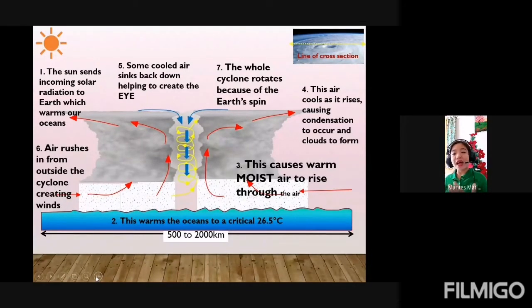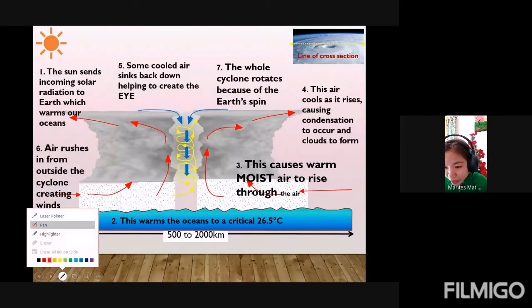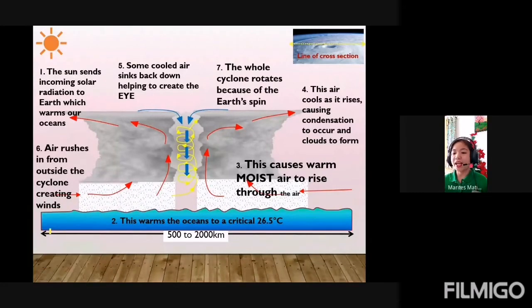Okay, so that's how typhoons form and develop. So first, let's review. First, the sun. Let's put our pen or highlighter. First, the sun sends incoming solar radiation to the earth that warms the ocean.